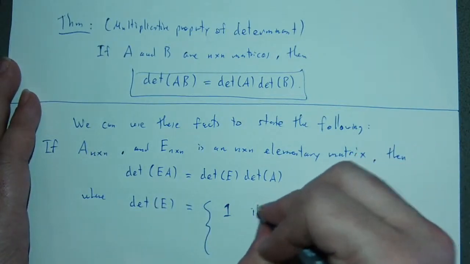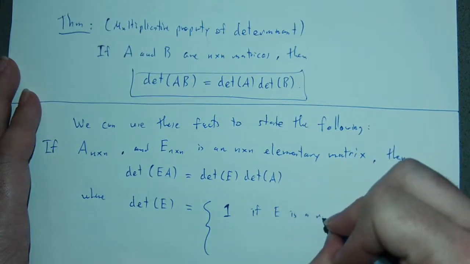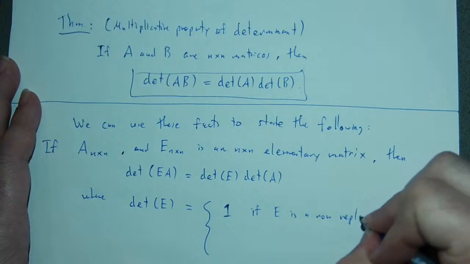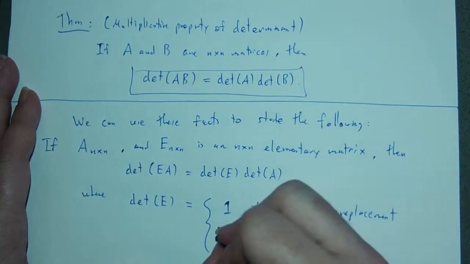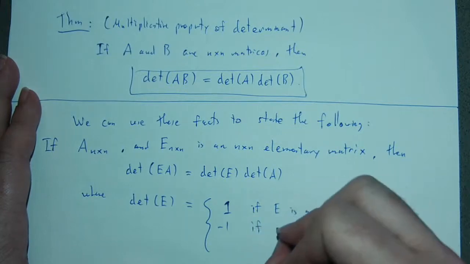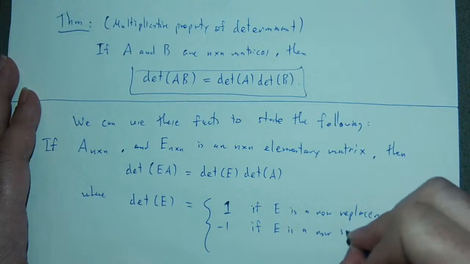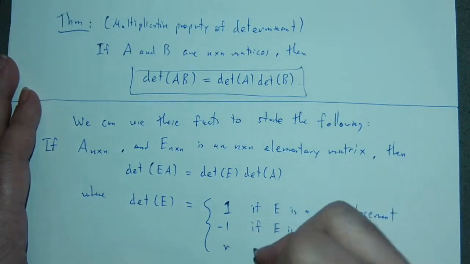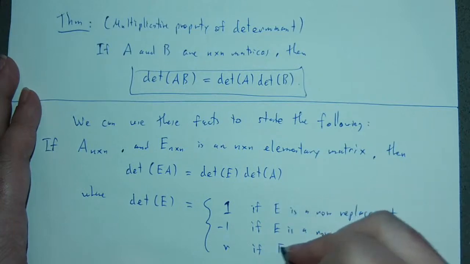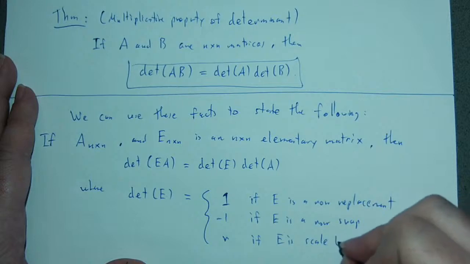So it's 1 if E is a row replacement, it is minus 1 if E is a row swap, and it is r if E scales a single row by r.